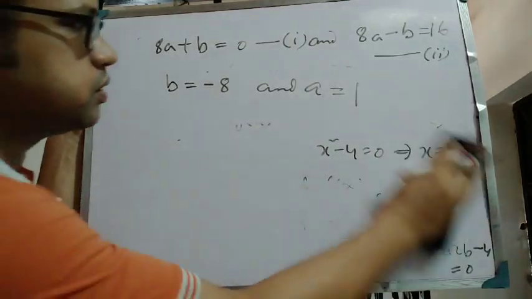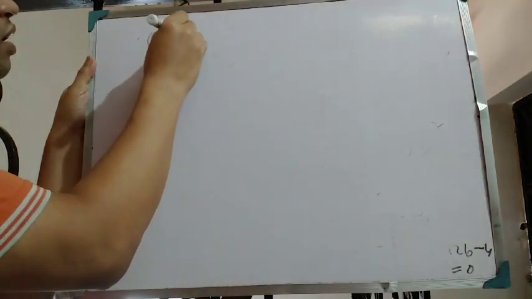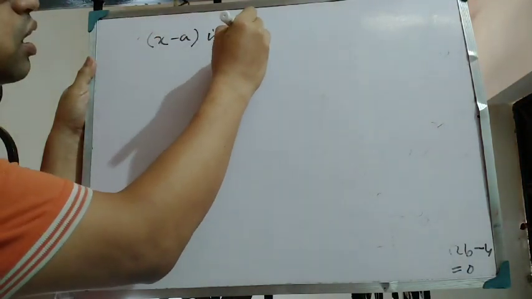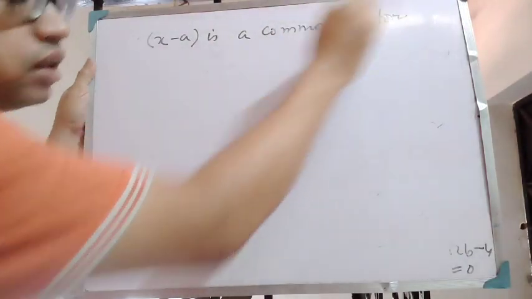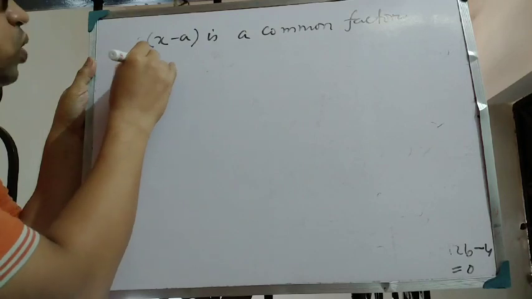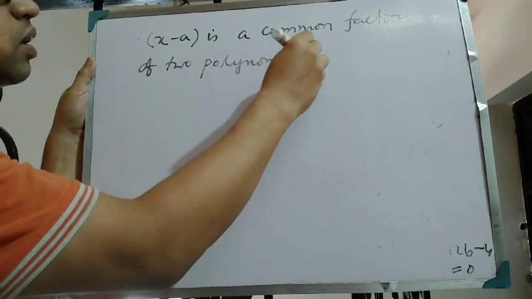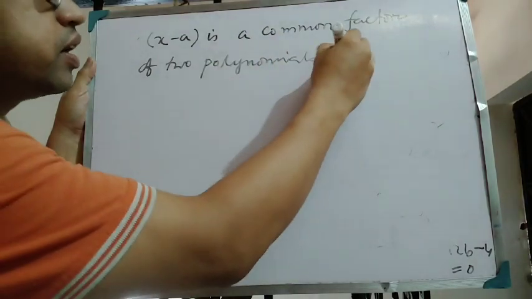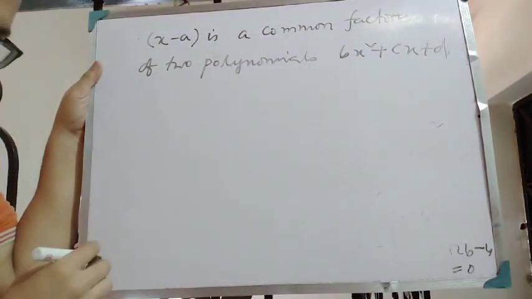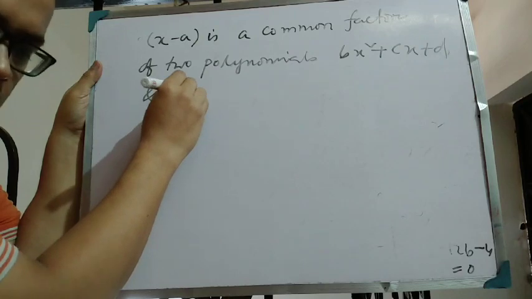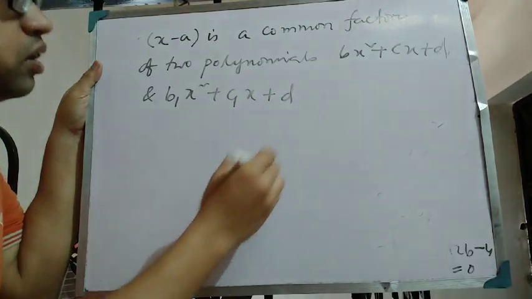The problem is like: x minus a is a common factor of two polynomials bx square plus cx plus d and b1 x square plus c1 x plus d.